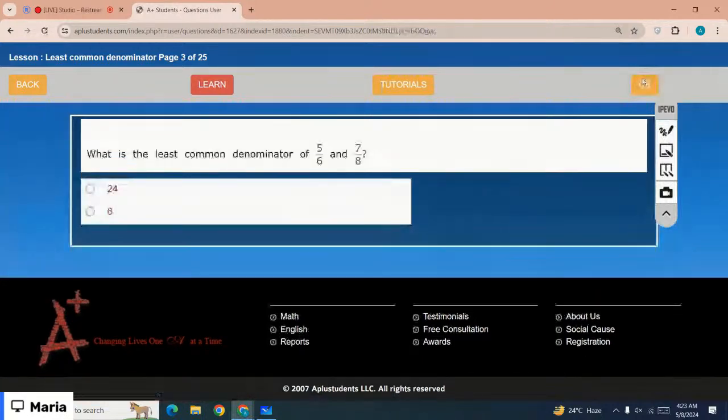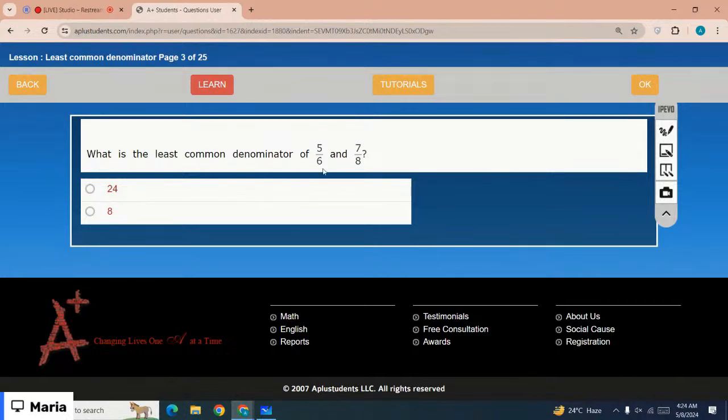What is the least common denominator of 5 over 6 and 7 over 8? Which is the correct option? 24 it is.